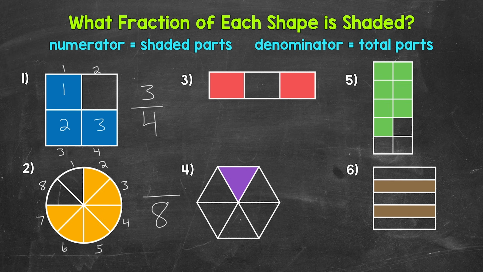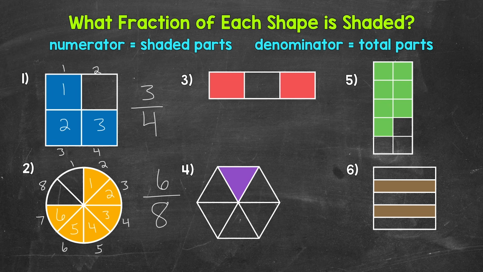Now for the numerator, how many equal parts have been shaded? 1, 2, 3, 4, 5, 6. So our numerator is 6. We have 6 out of 8 parts shaded. Our fraction is 6 over 8, which we say 6/8.